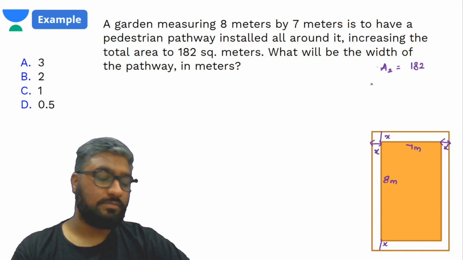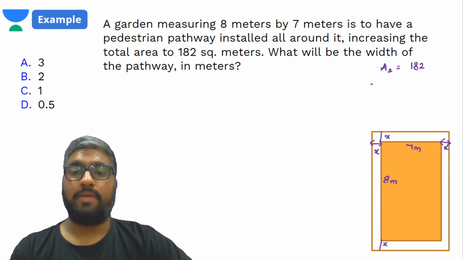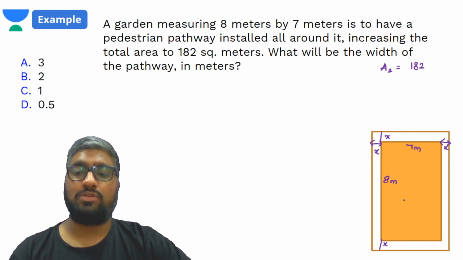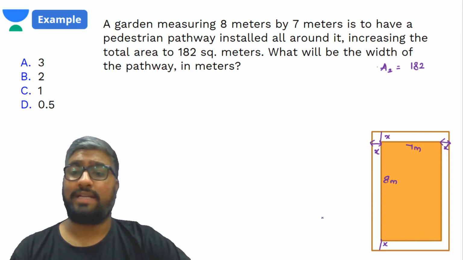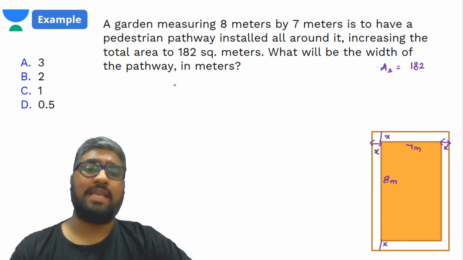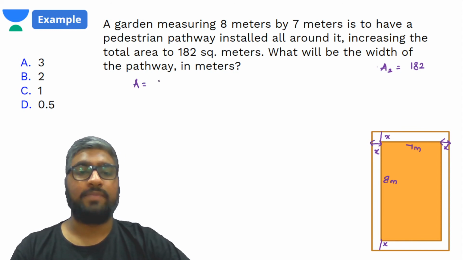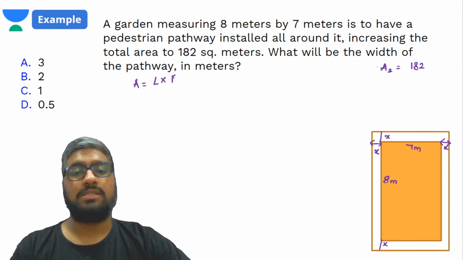Now what do we know? If the total area is 182 square meters, we know this is a rectangle. So what is the area of a rectangle? Length cross the breadth. Of course. So what would be the area here? What is the length?